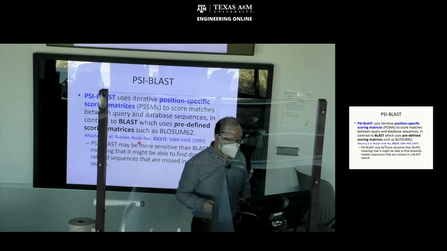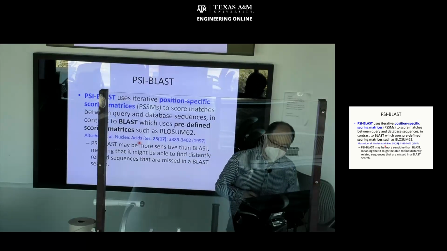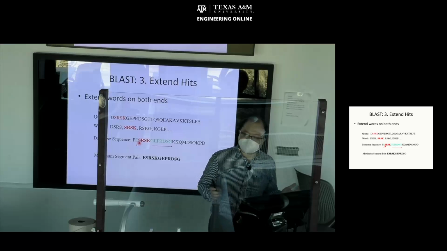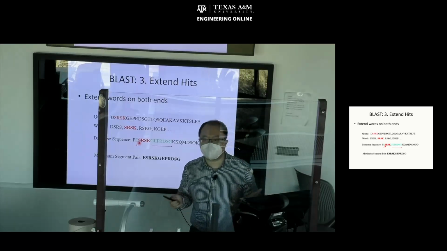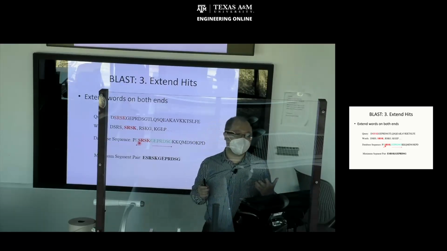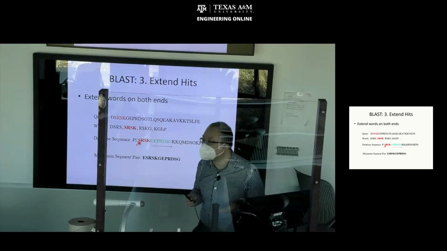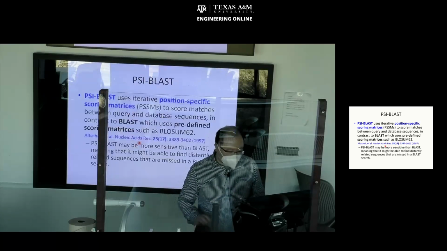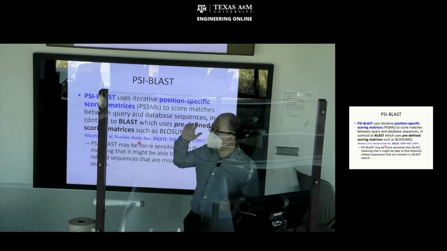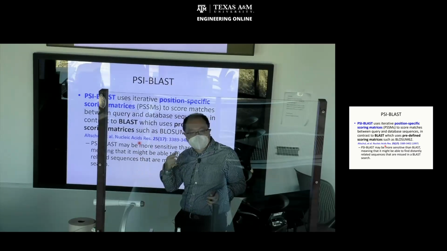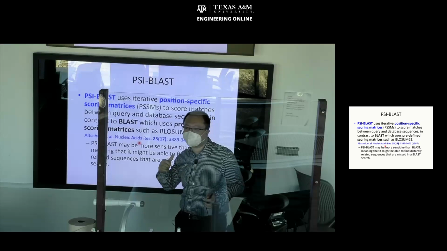So another one is called PSI-BLAST. BLAST is able to help you, remember, it's a fast heuristic. It helps you find the homologs, but it could miss something, okay? So PSI-BLAST makes sure that even if the homologs or the relatives are distant, you can still find those distant homologs.